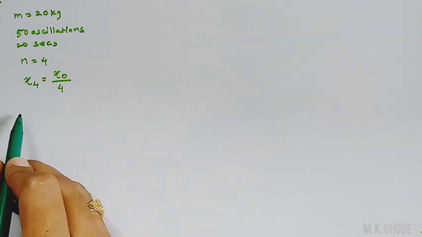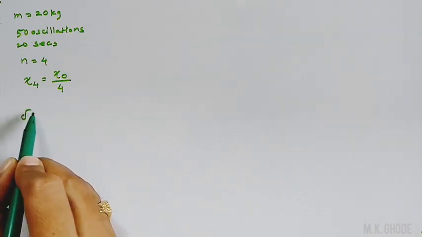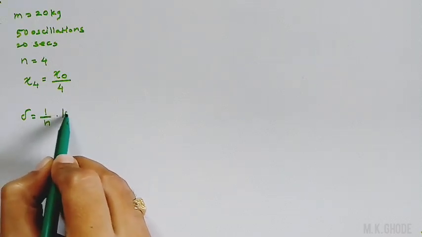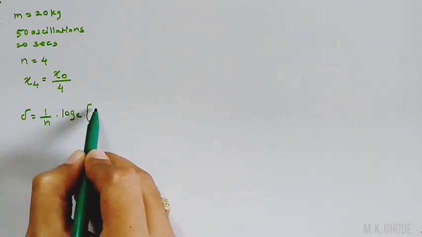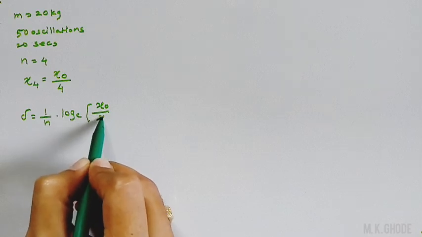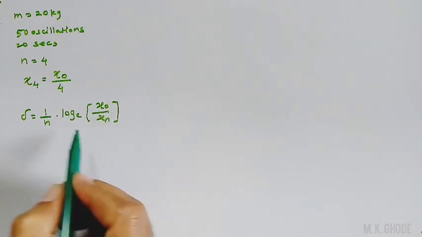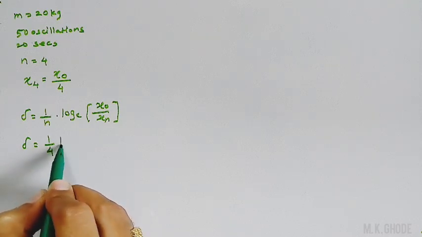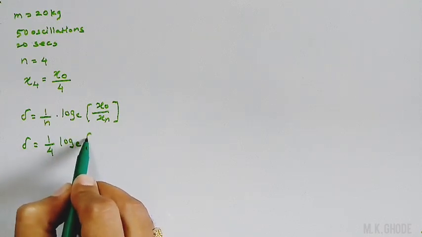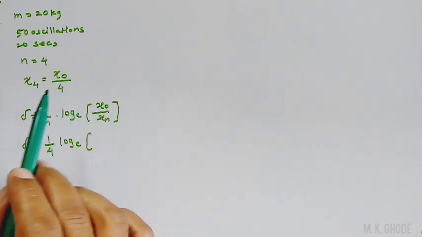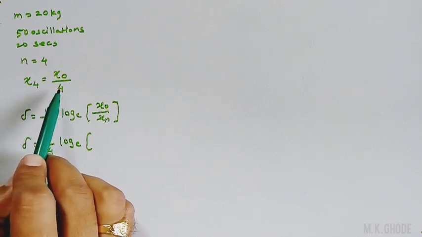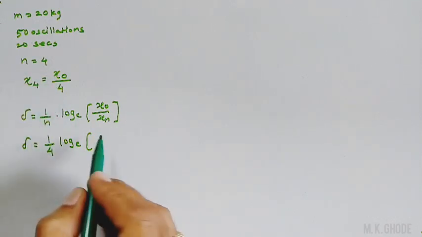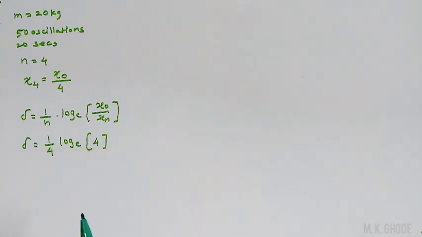The formula for logarithmic decrement that we are going to use is 1 upon n into log to the base e x0 upon xn. Here n is 4, so delta is equal to 1 upon 4 log to the base e x0 upon xn. What is the value of x0 upon xn? X0 upon x4 is 4.